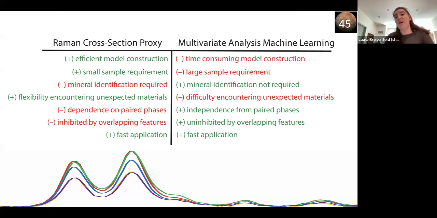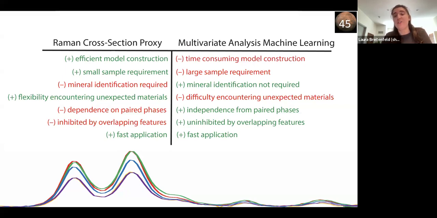So if you are studying materials on a different planet and you encounter or detect a mineral that you weren't expecting to encounter, it's much easier to create a single mixture and then be able to quantify that material. Whereas this is much more difficult with the multivariate analysis method, as many samples would need to be created and analyzed.